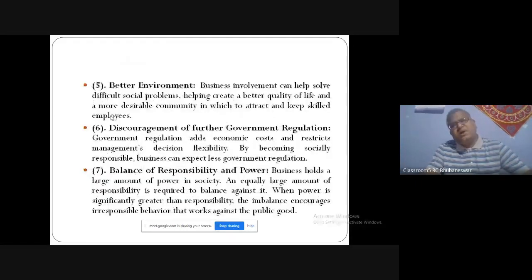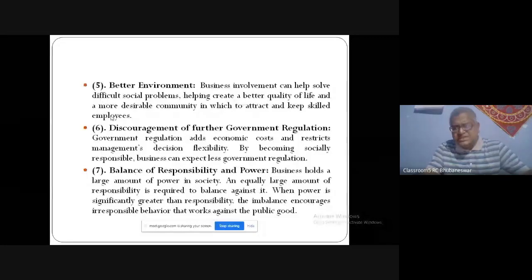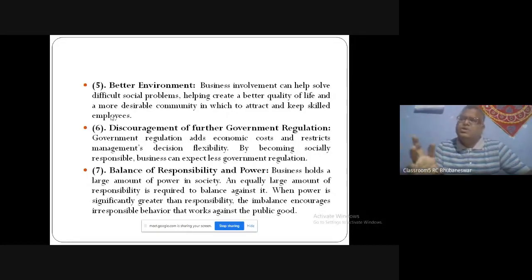If you talk about CSR, another concept is that a better environment is necessary, to address, solve or protect against social problems, and for a better quality of life and a desirable community with skilling of employees, like in Tata.